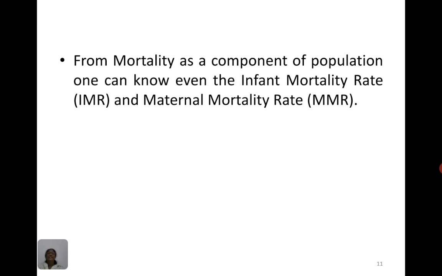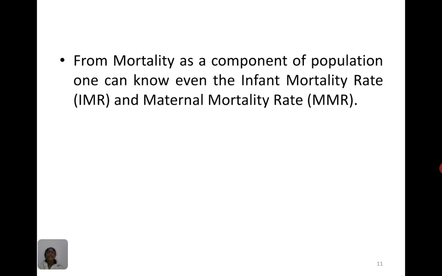From mortality as a component of population, one can even know IMR, that is infant mortality rate, and maternal mortality rate. As you all know, infants are those who are less than 1 year of age. Children at that tender age lose their lives because of various reasons such as environmental factors, negligence on the part of the mothers, or lack of timely treatment at the time of emergency.